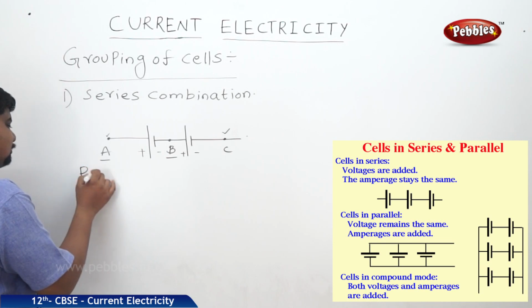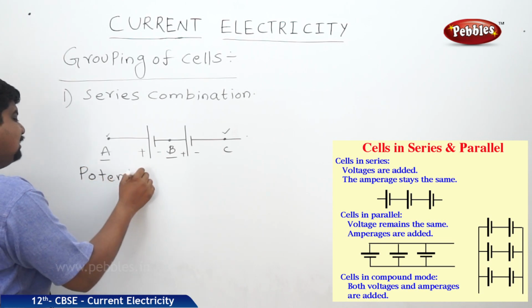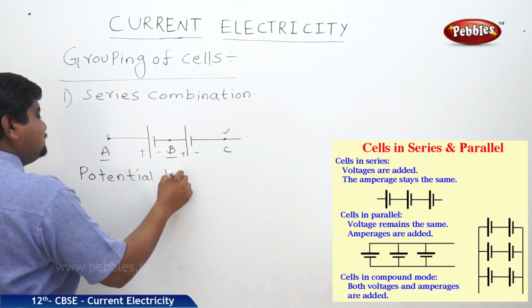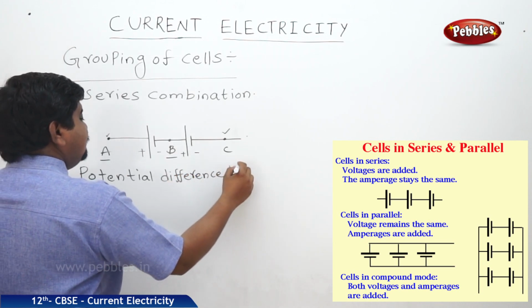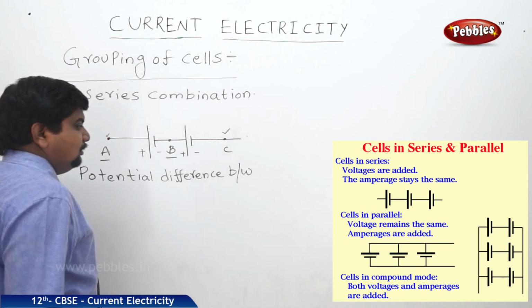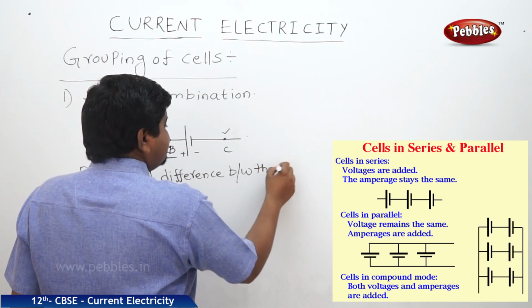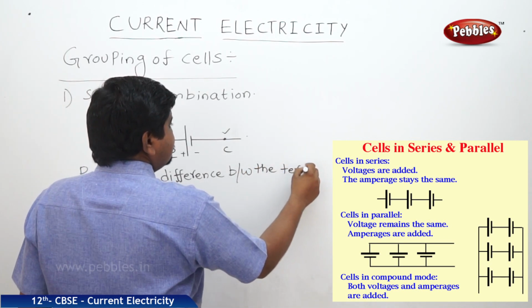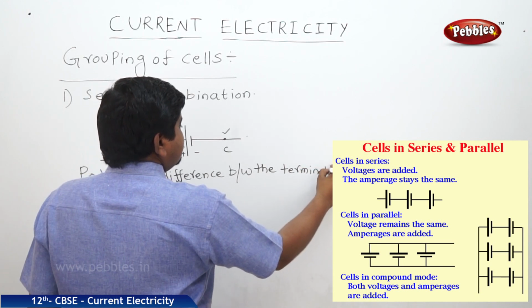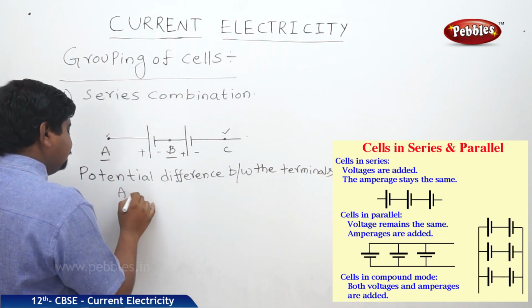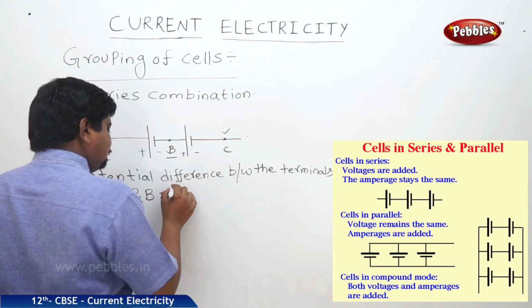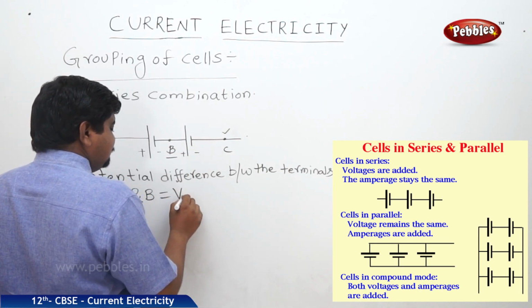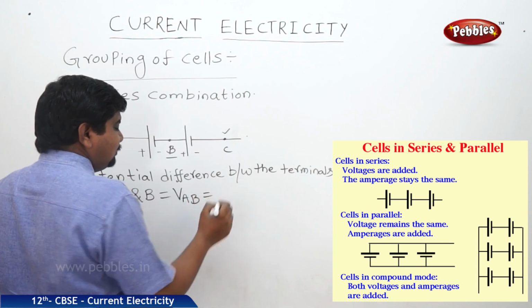Therefore, the potential difference between the terminals A and B is VAB.